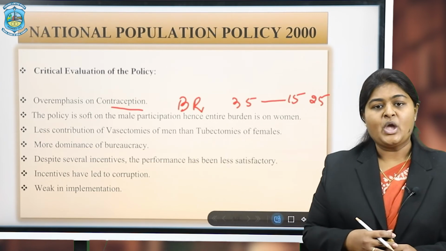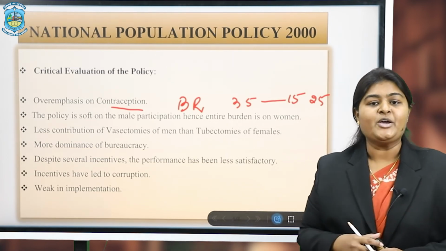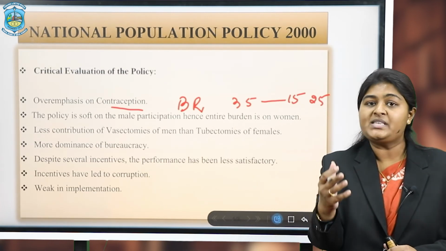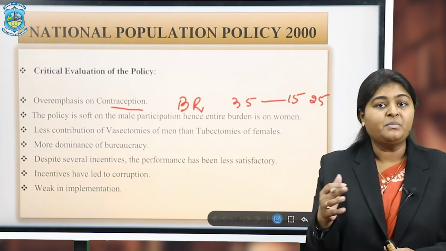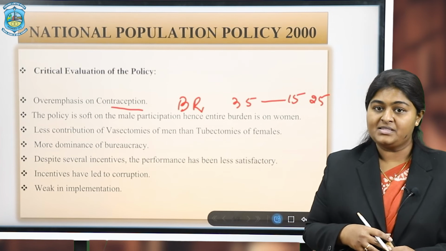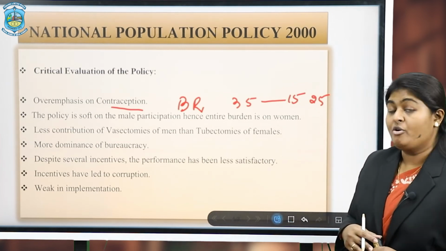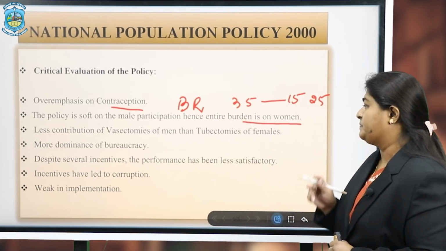The policy was soft on male participation because it is clearly observed that the policy provides incentives only to women to accept terminal methods of contraception after the second child. Hence, the entire burden of family planning was on the women.